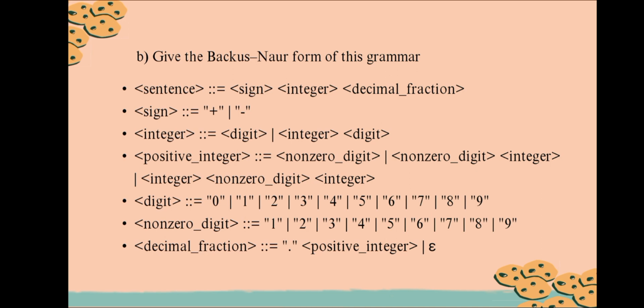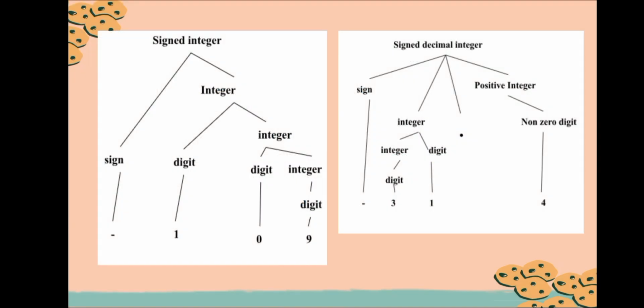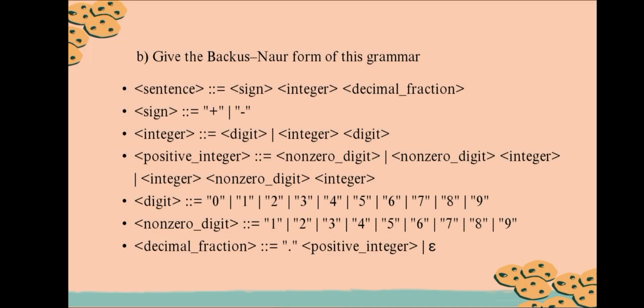In this question, we are asked to give the Backus-Naur form of this grammar. These are the grammar rules: sentence, sign, integer, positive integer, digit, and so on. Let us explain this. The first line, sentence, is a non-terminal symbol that represents the entire signed decimal number.